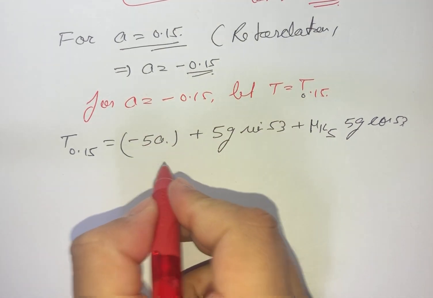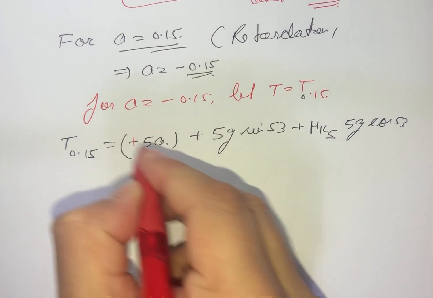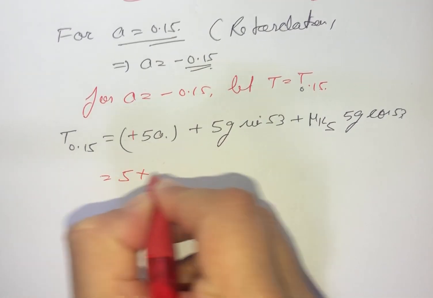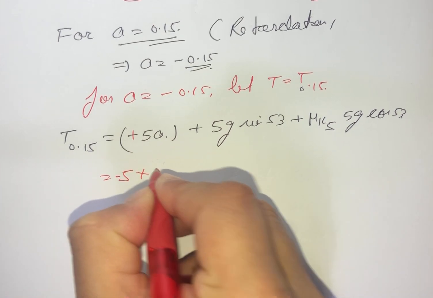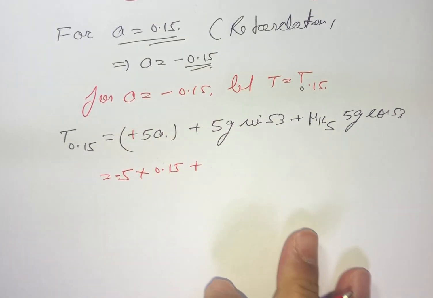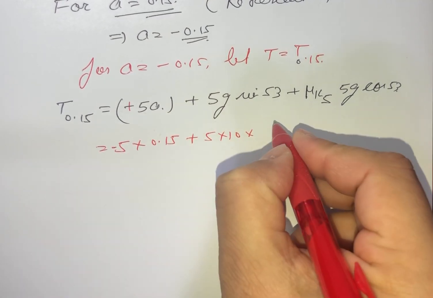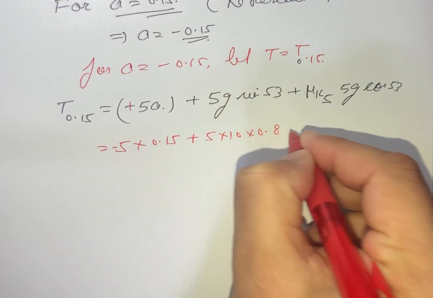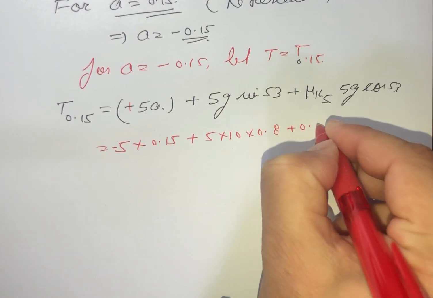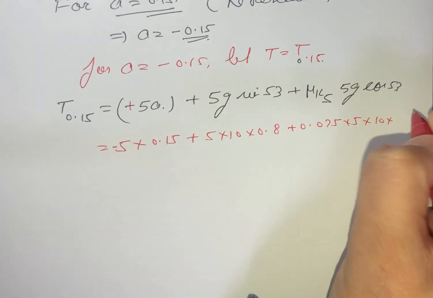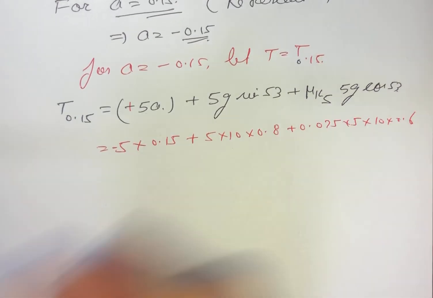Sorry, we put the value of A as minus, so this is minus into 0.15 plus 5 into 10 into 0.8, plus mu kinetic 0.075 multiplied by 5 into 10 into 0.6.